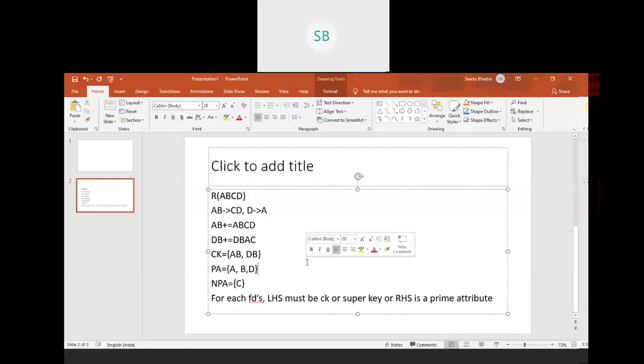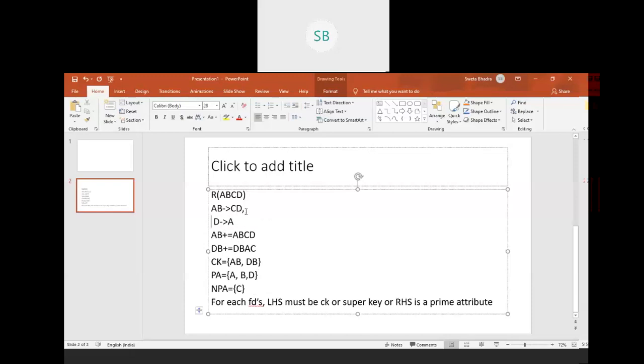This is the condition you have, right? For each functional dependency, what are the functional dependencies you have? Here you have two functional dependencies, this is the first one and this is the second one. You check that the LHS must be a candidate key.